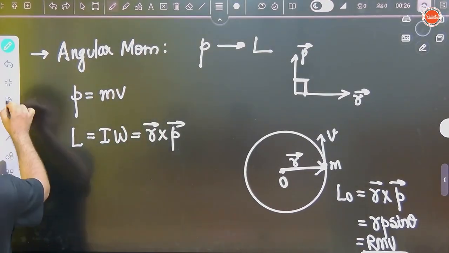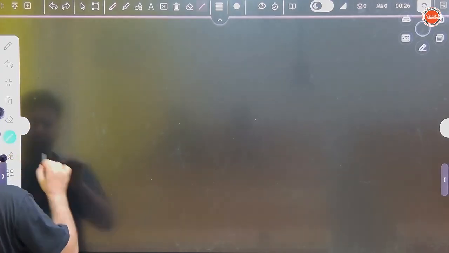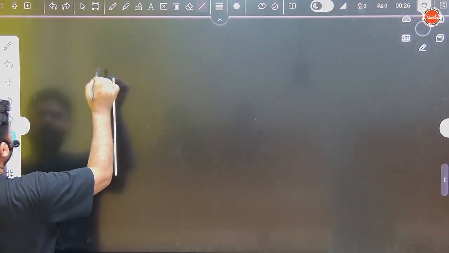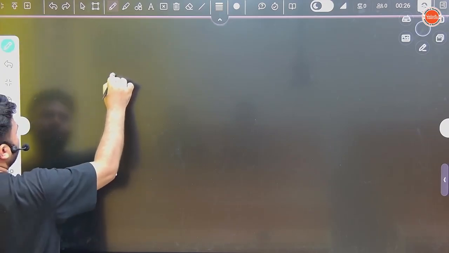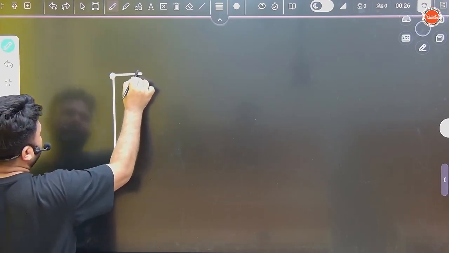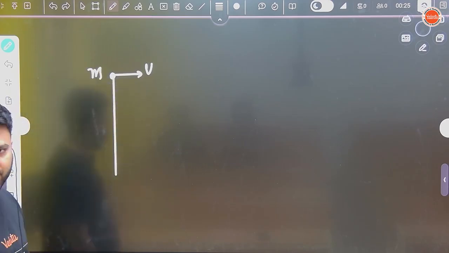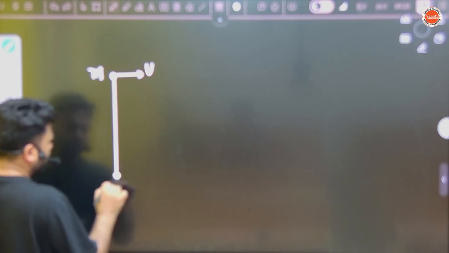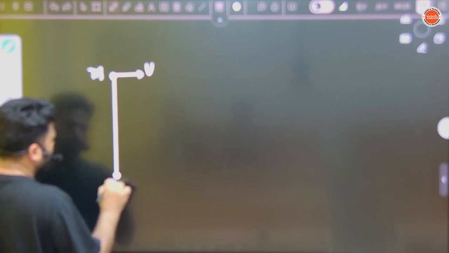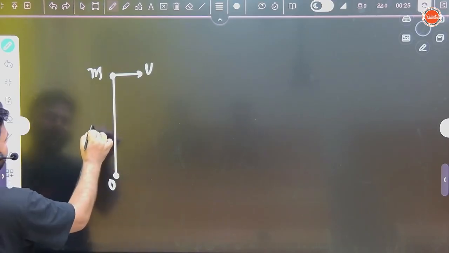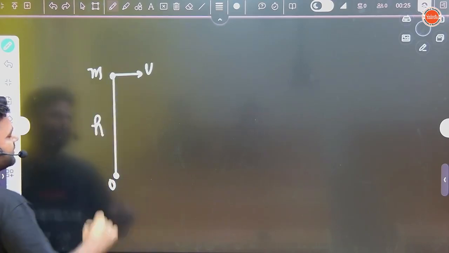See one more example. Suppose there is an object here, moving with velocity v. The mass of the object is m. Correct? This point I say O. This distance, from here to here, is h.